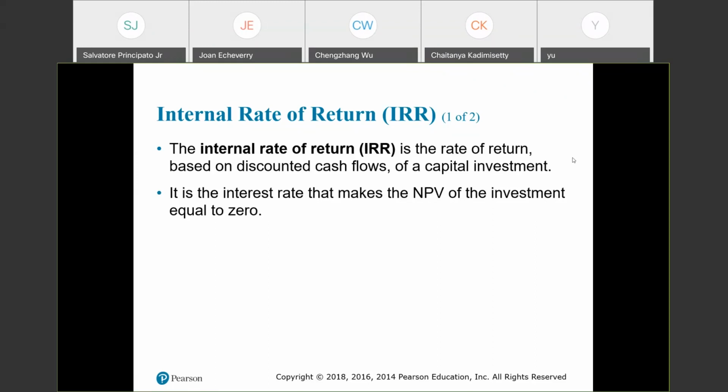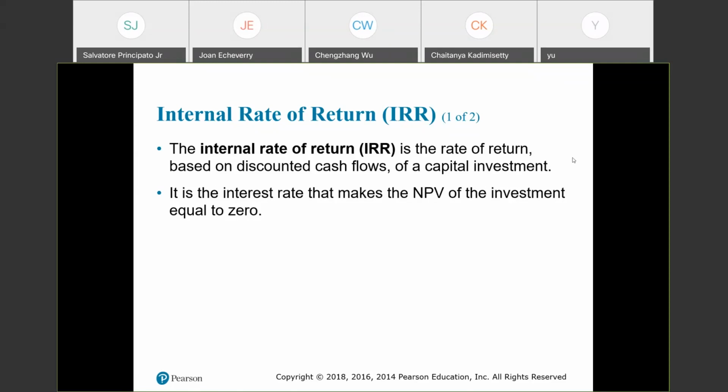These two methods do not take time value of money into account. Also, we learned another two methods that take time value of money into account. They are NPV and this one, IRR.